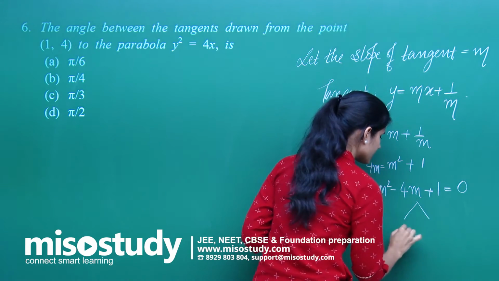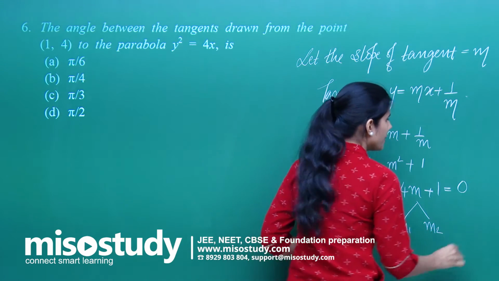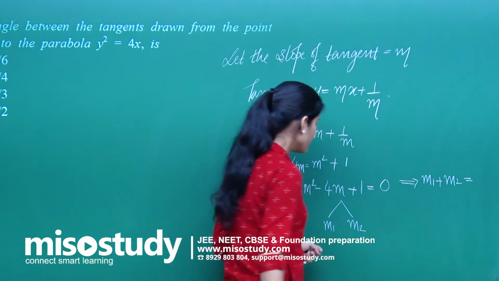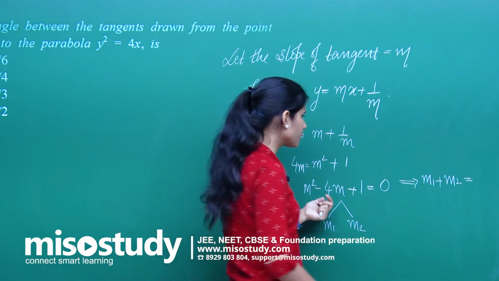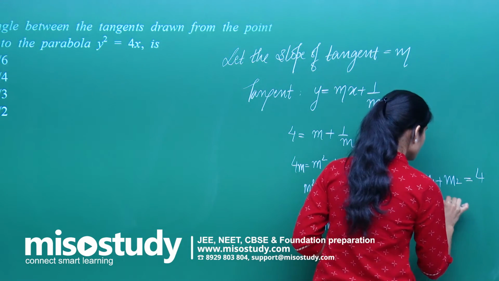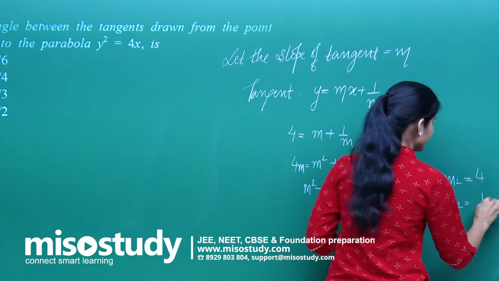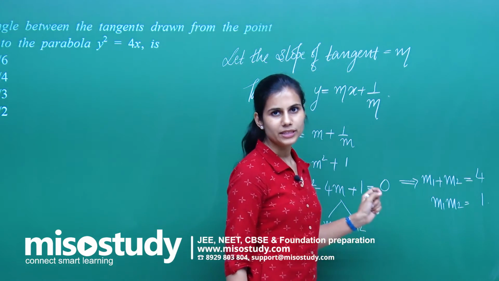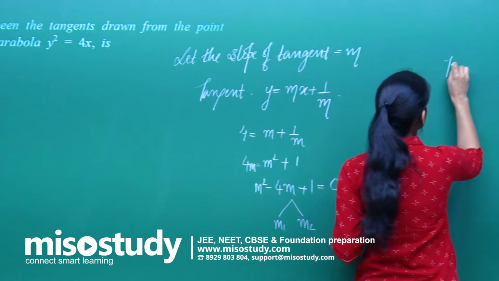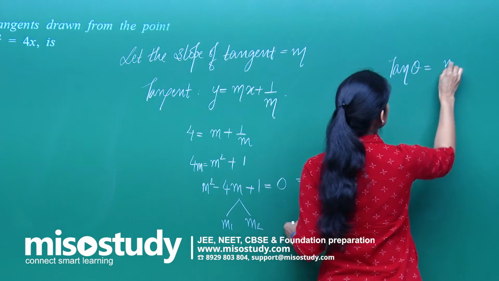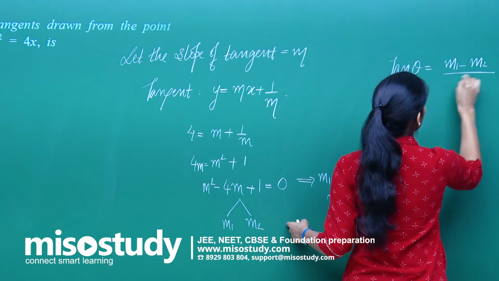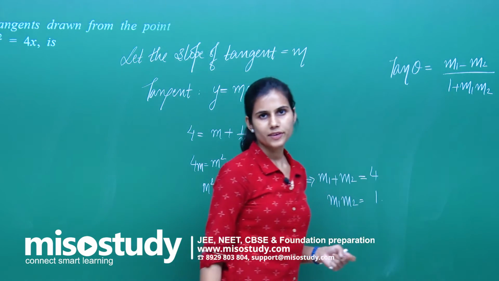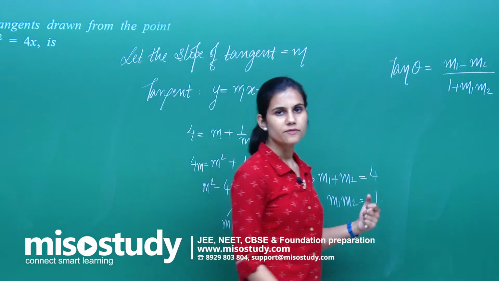Suppose this has two roots, m1 and m2. Then clearly m1 plus m2, sum of the roots is minus b by a, so that is 4, and product of the roots is c by a, that is 1, right? Now what is the angle between these two tangents? Let the angle be theta, then tan theta is m1 minus m2 upon 1 plus m1 m2. But I don't explicitly know m1 and m2, what I know is m1 plus m2 and m1 into m2.